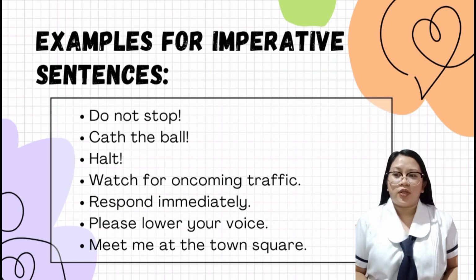The sixth one is, please lower your voice. It is also a request sentence since it ends with a period and the first word is please. And the last one, meet me at the town square. Now, it is also a request sentence since it ends with a simple period.